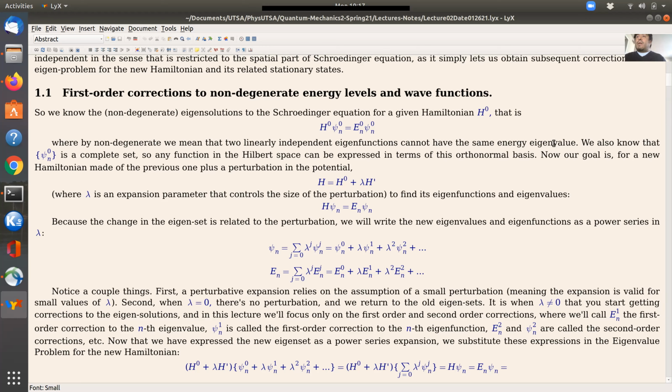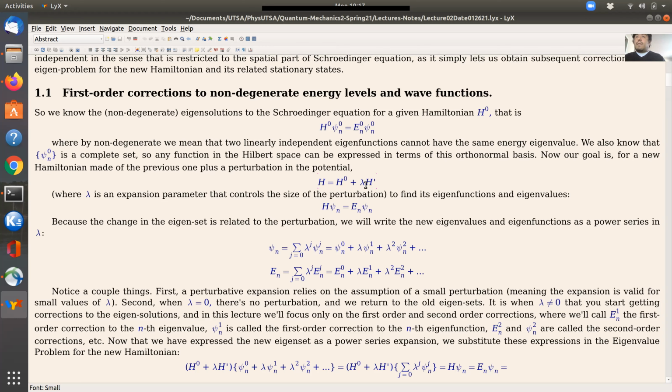But our goal in this context is that, let's say we have a more complicated, new Hamiltonian, which is made of the previous Hamiltonian, H0, plus a perturbation. This perturbation is going to be called lambda H prime. Lambda is a perturbation parameter. We're just going to use it for the moment as a control parameter, in the sense that it will let us keep track of the different orders of the expansion that we will do later on.